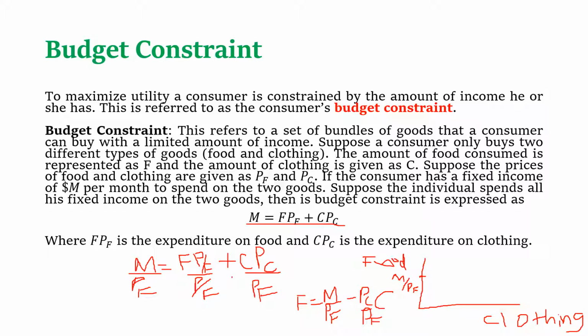Previously, we divided both sides by the price of food, right? To get the intercept on the food axis. Now, if we want to find the intercept on the clothing axis, we have to divide throughout the budget line by PC. That is the price of clothing, okay? And then we solve.